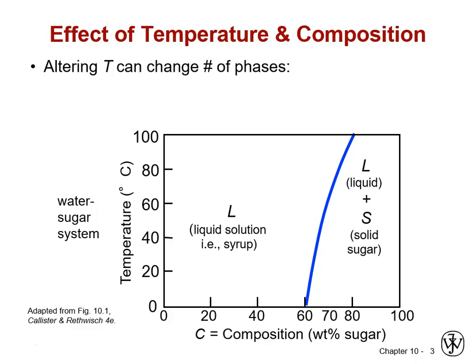Ones that are more common are temperature and pressure, and in this case, composition. If you're a chemist, you're probably used to hearing about the more general state variable for composition as chemical potential, or the change in Gibbs free energy with number of moles.